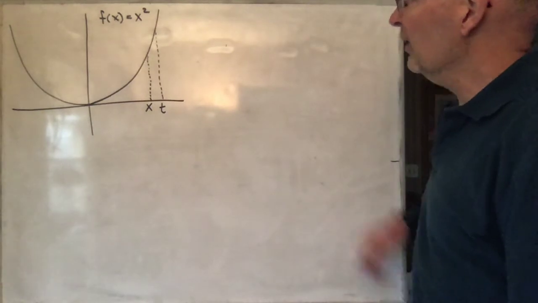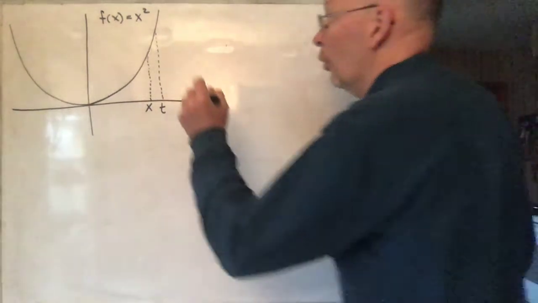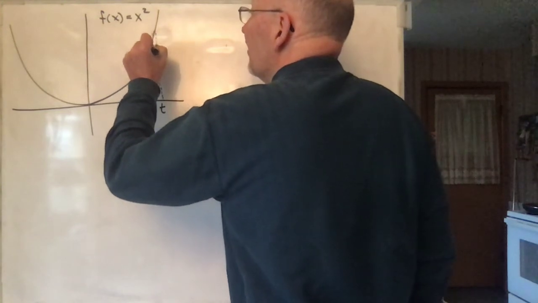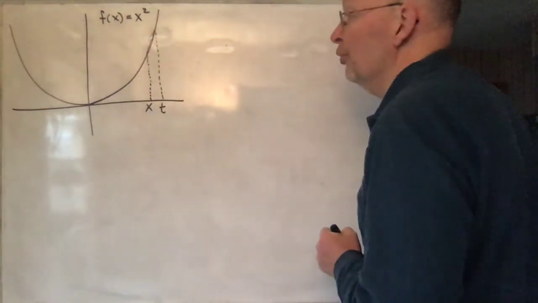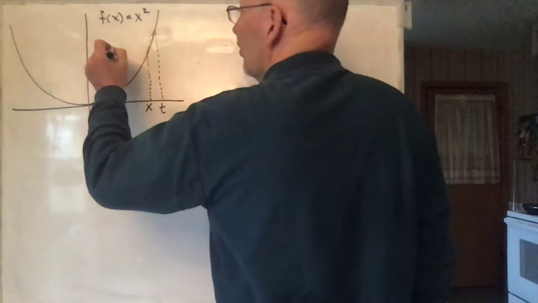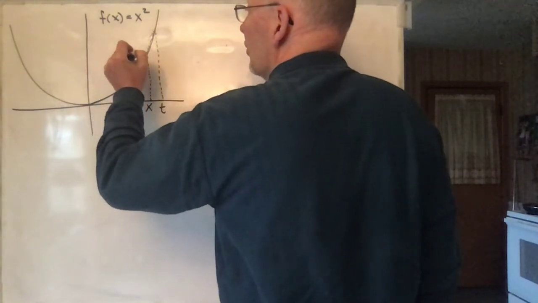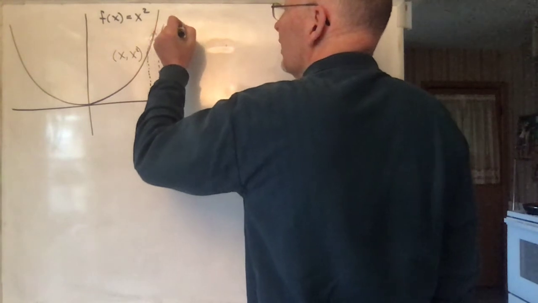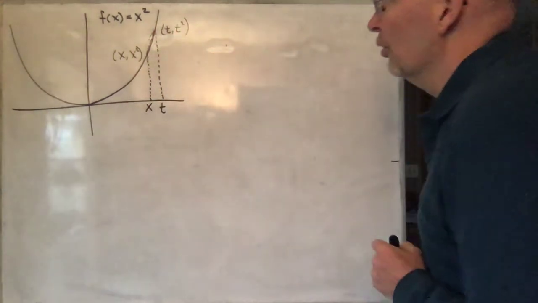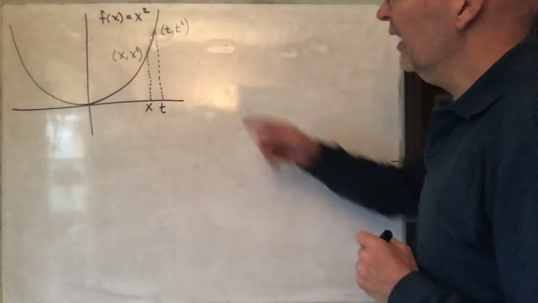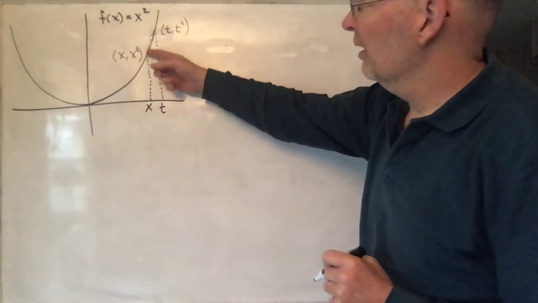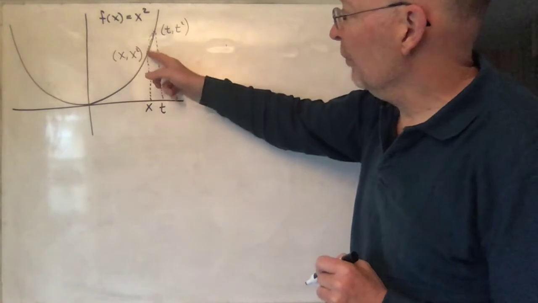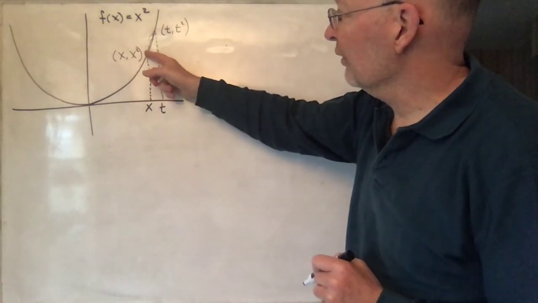We're going to choose the point t, and then ask, what's the slope of the secant line that goes between those two points? This is the point x squared, and this is the point t squared. If we can find the slope of this secant line between these two points, we'll have an approximation for what we're after here.